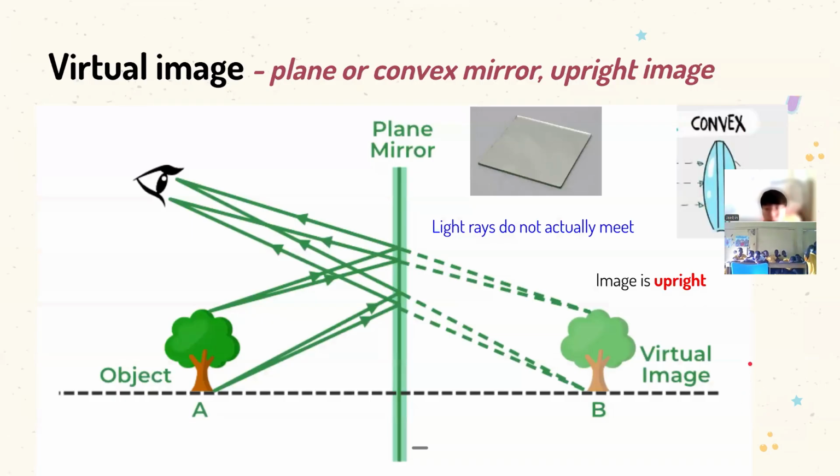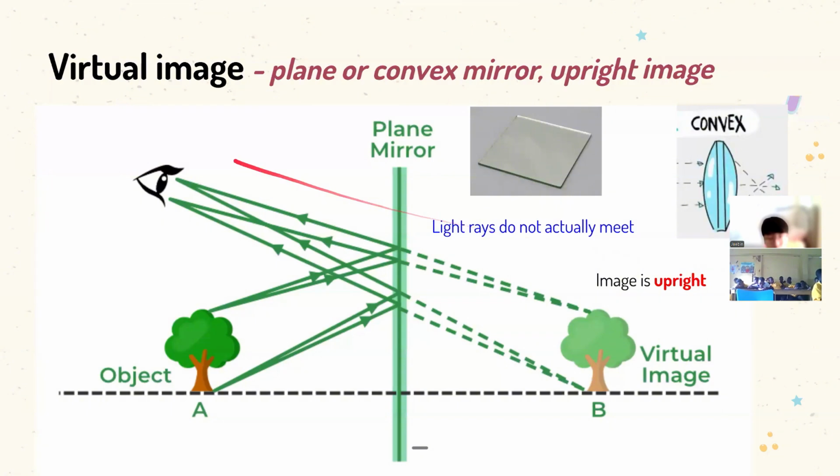Okay, now let's look at the virtual image. The virtual image happens when the light bends away from a plane or a convex mirror, and it produces this upright image.